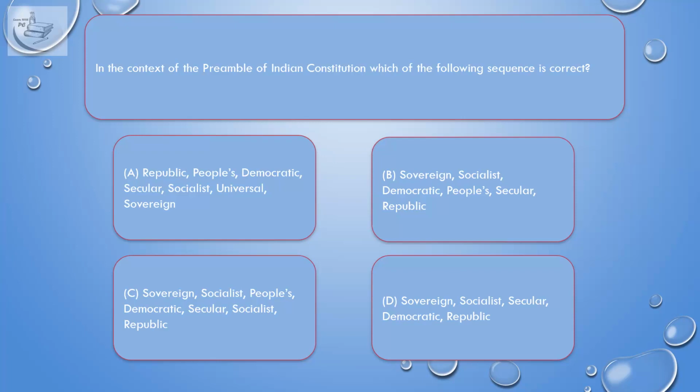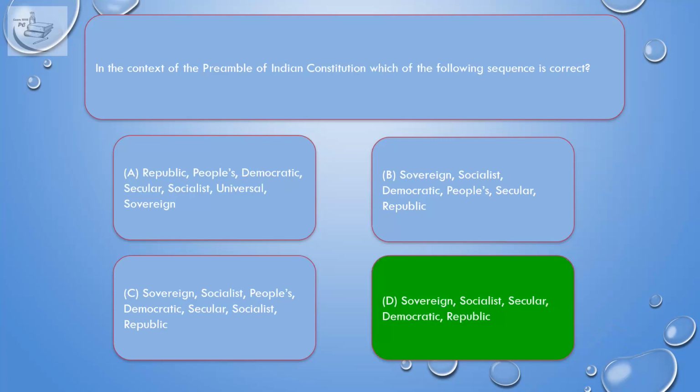C. Sovereign, Socialist, People's, Democratic, Secular, Socialist, Republic. D. Sovereign, Socialist, Secular, Democratic, Republic. Correct answer is D. Sovereign, Socialist, Secular, Democratic, Republic.